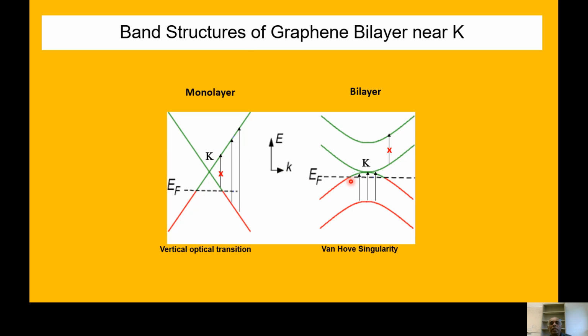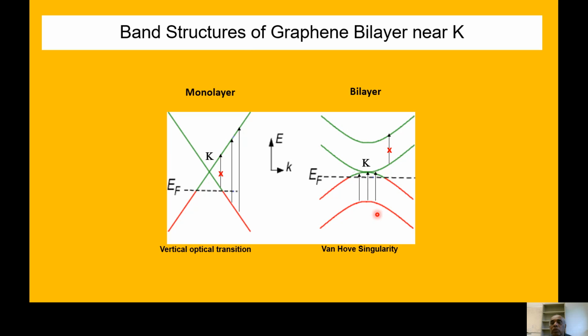But if you have a bilayer graphene, it will actually open up a gap. Typically, this is your K point here. In addition to this Dirac point, now it doesn't have the real Dirac point, so it becomes more like these parabolic bands.